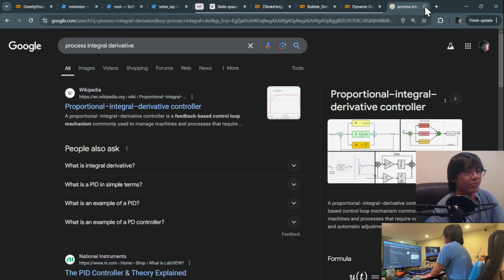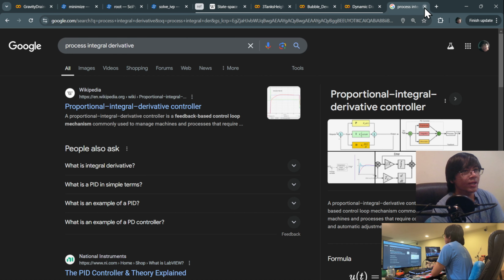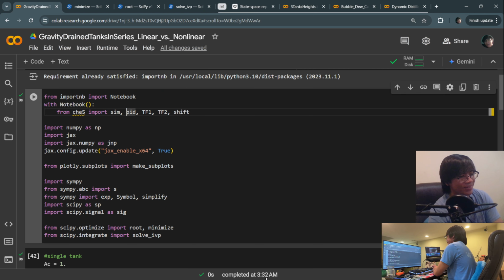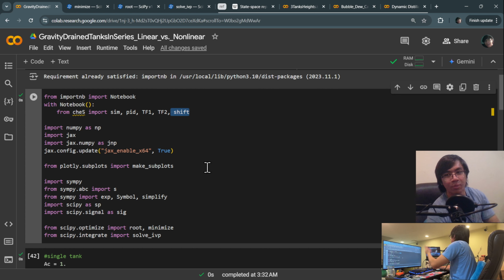So we've done proportional controllers before, I think in this problem, right? So this offset with the error, and we multiply by KC, our proportional gain. So forget that other PID. Google is super late, so forgive me on that. Transfer function, first order, second order, and then shift with any step function. We can shift our transfer function over so it's 0 before that time.